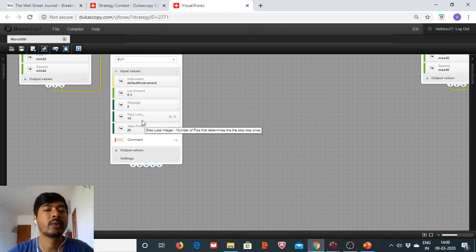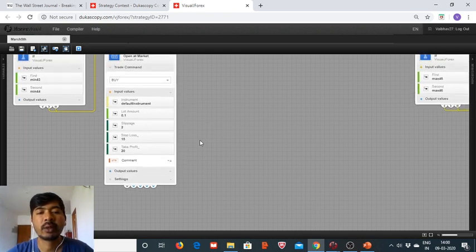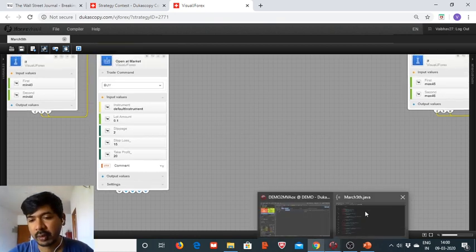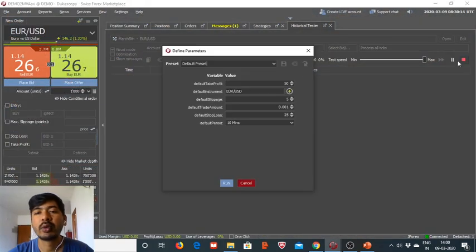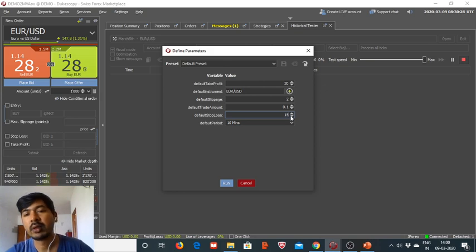Okay, the 15 pips is stop loss, 20 pips is the take profit, slippage is 2 pips, 0.1 million is the lot amount, and we will need to define the same here. 20 pips is the take profit, instrument is 0 USD, slippage is 2 pips, and it is 1 million, the lot size, stop loss is 15 pips, and we are good to go.